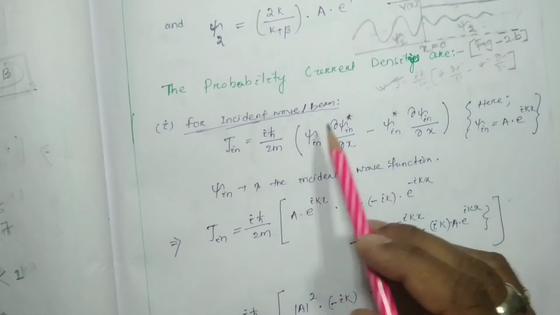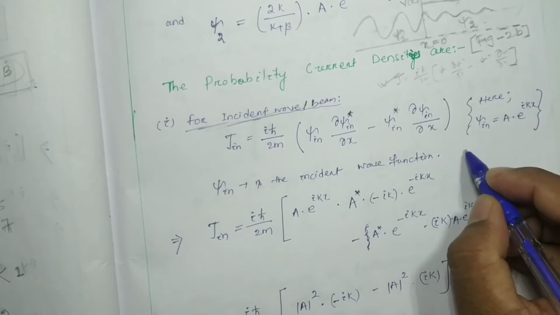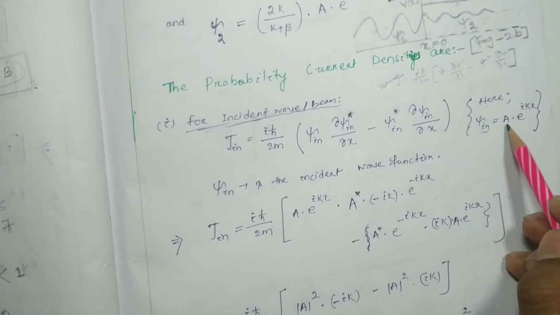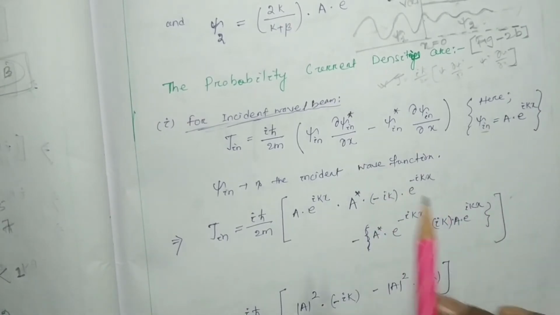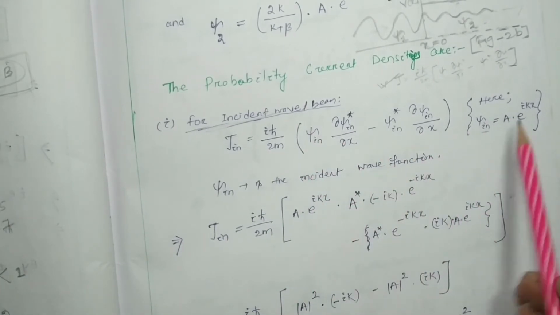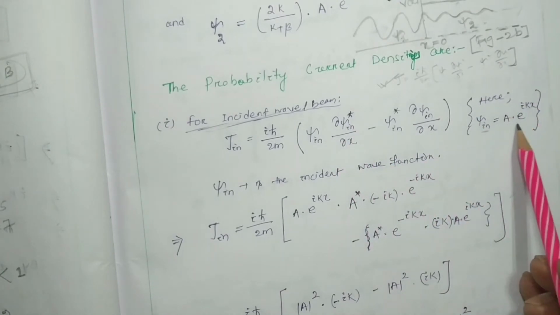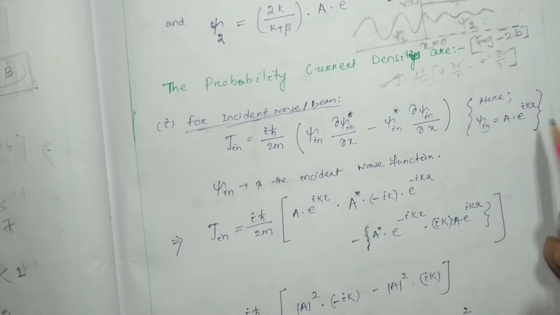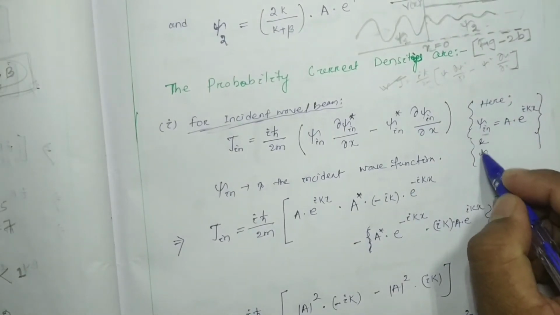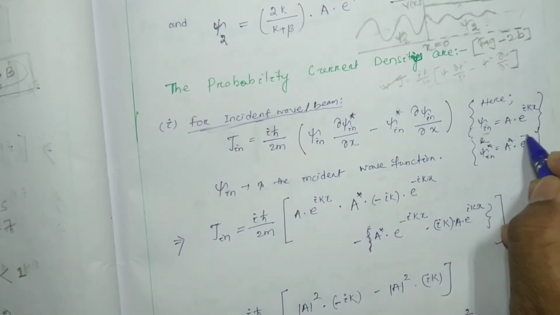We have to put the value of psi in. Here psi in, the incident wave function, is nothing but a e to the ikx. You just put nothing else. So i h cross by 2m, here psi in is a e to the ikx, and then the derivative of its complex conjugate. The complex conjugate psi in star will be a star into e to the minus ikx.